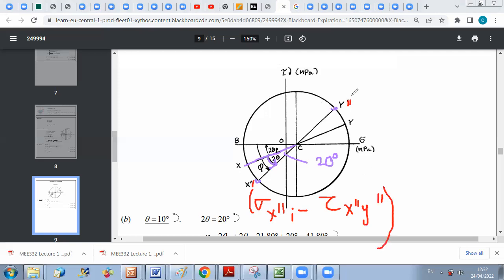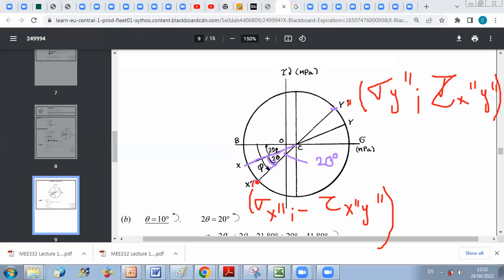And for this point here, it's sigma Y second plus tau X second Y second. Now, to start with, same procedure. For this point, I need to determine the angle with the horizontal.